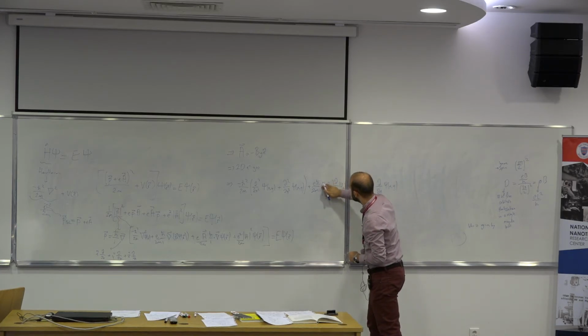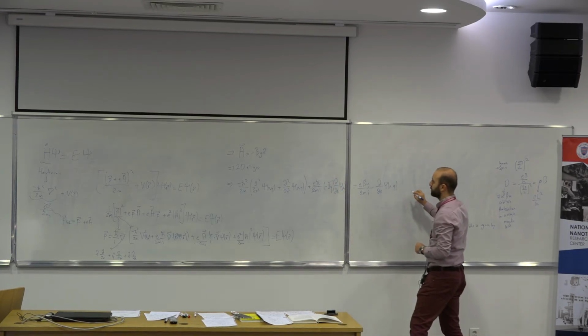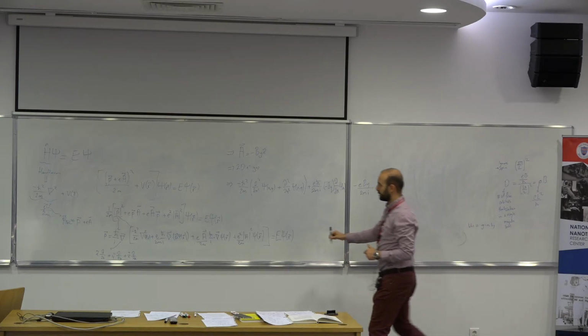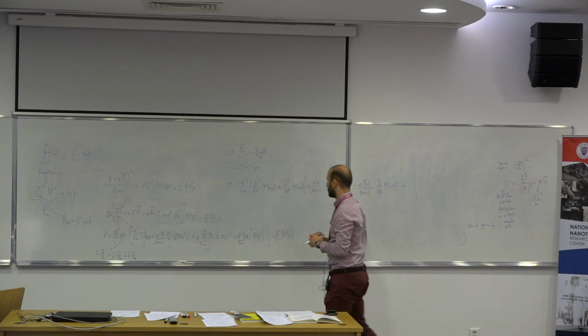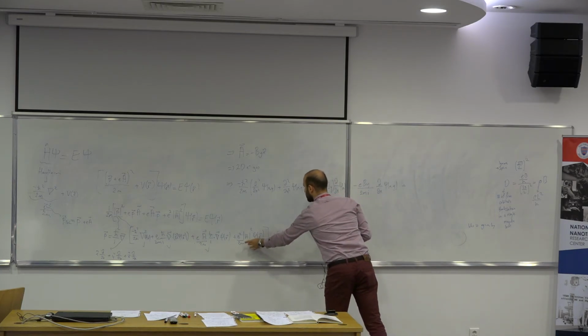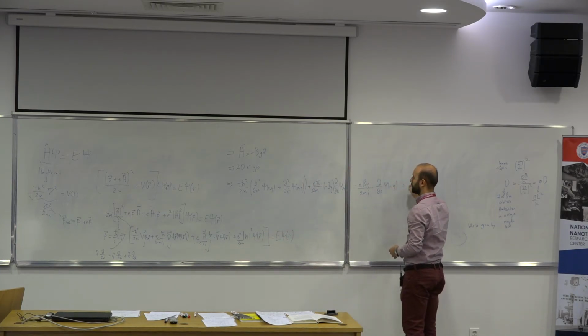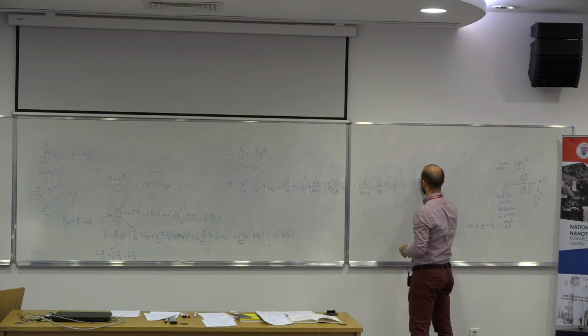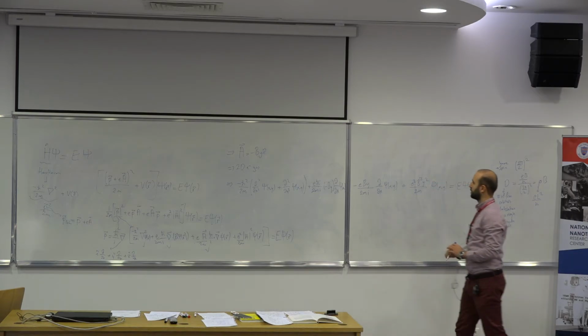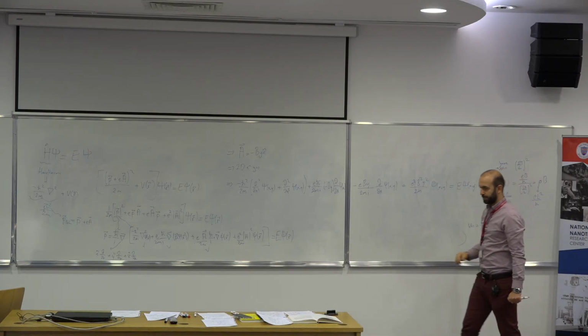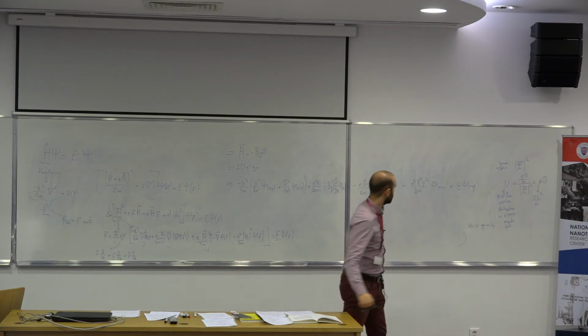Sorry, let me get rid of this for now. So I'm done with this term, and this term. Now this is the simplest. e squared, I have B squared, then y squared divided by 2m, and my wave function. And eventually this whole thing is equal to the energy eigenvalue.